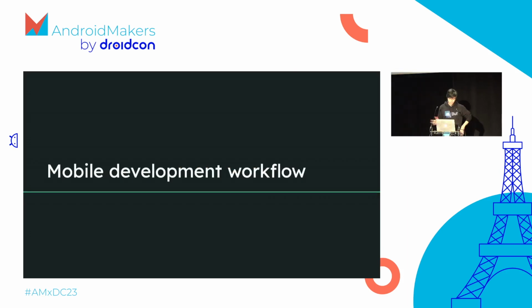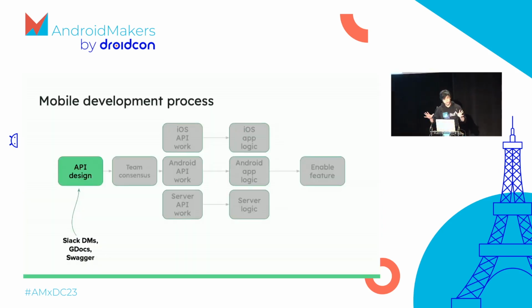So I'm going to get started with how mobile development worked at a previous team of mine. For our project, the first thing that we do is figure out the API between the iOS engineer, the server engineer, and myself. We do that via Slack or Google Docs, or maybe we even text each other. Sometimes that works.